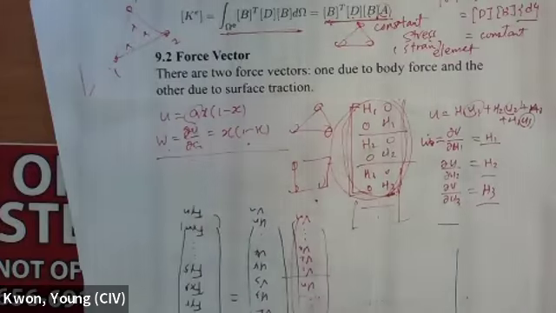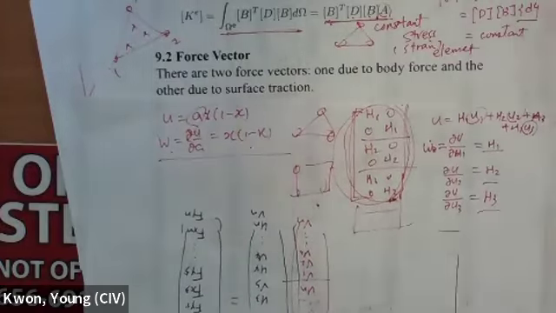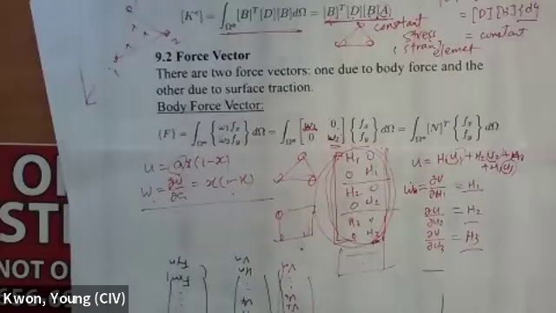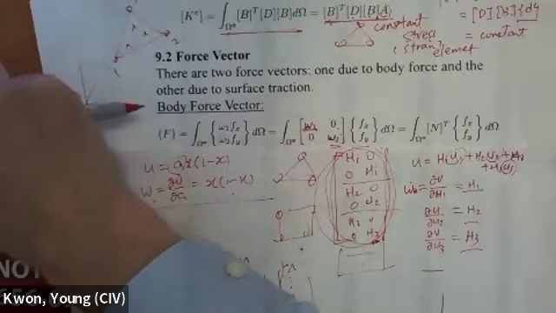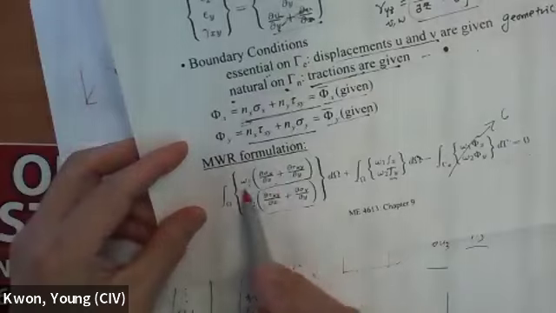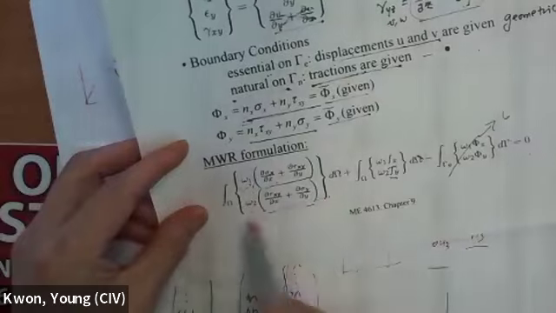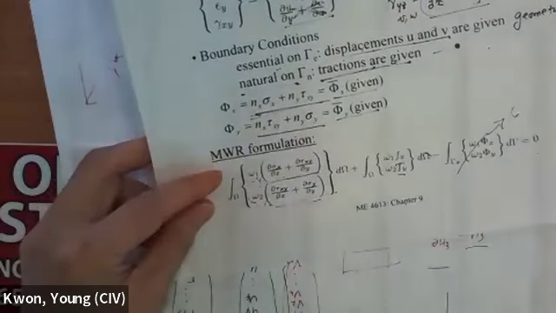Do I answer your question? Yeah, I think I understand that. I'm still confused on why we use W1 and W2. W1, W2, going back to here, the first equation is multiplied by W1 and the second equation is multiplied by W2.